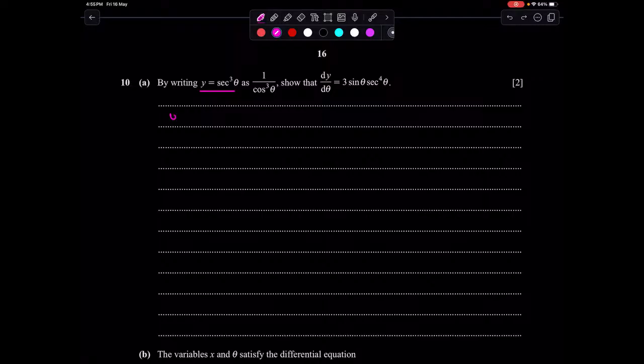So first write sec cube theta as one upon cos cube theta. Now bring cos cube theta in numerator. So it will become cos theta whole power minus 3.